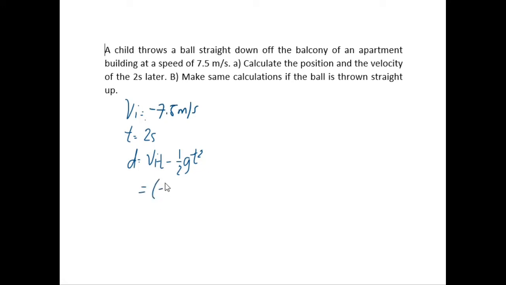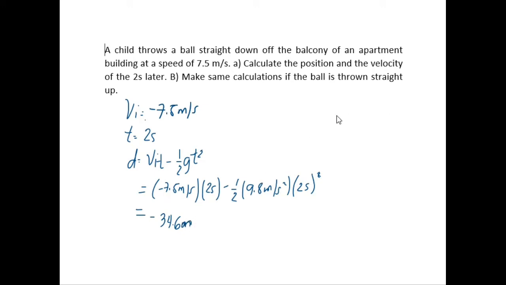We have negative 7.5 since it's downward, times the time, 2 seconds, minus 1/2 times 9.8 meters per second squared times 2 seconds squared. Okay, so let's solve. The distance covered is negative 34.6 meters.